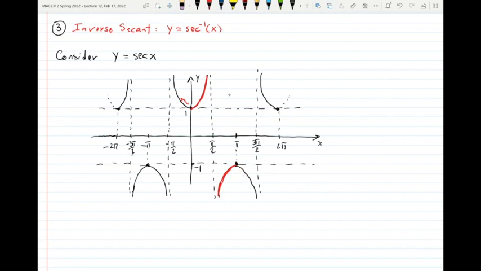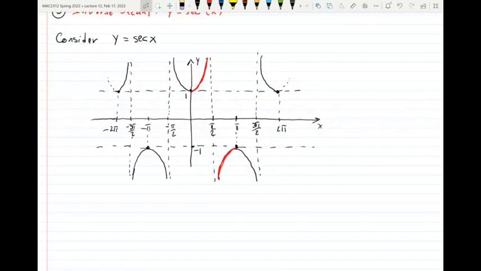So the restriction for the secant function to make it 1 to 1 is from 0 to pi over 2, and then from pi over 2 to pi. We need to skip pi over 2 because pi over 2 is a vertical asymptote. So that's quadrant 1, quadrant 2. For sine and tangent it is quadrants 1 and 4, and for secant it is quadrant 1, quadrant 2.